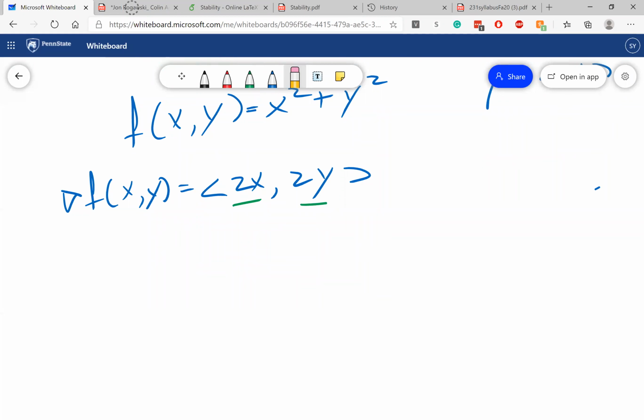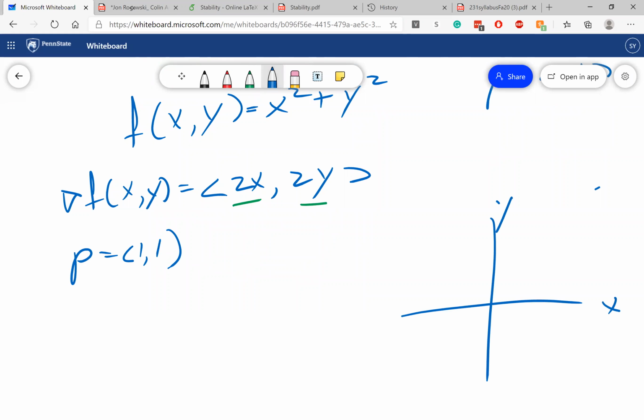So if we tried some different points, let's start with the point that they ask us, the point 1, 1, and let's graph it here. So here's my x and here's my y. The point 1, 1 is here. And for the point 1, 1, the gradient of f at 1, 1 is going to be 2, 2.